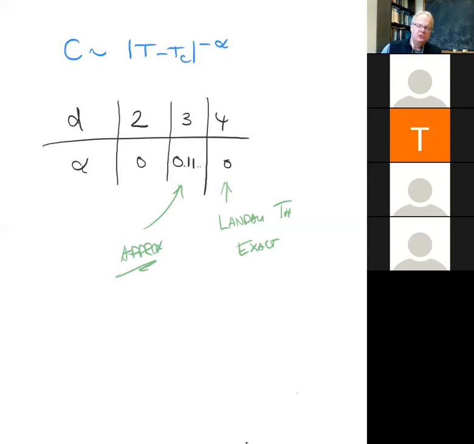Okay, although 0.1 is pretty close to 0. In fact, the fact that it's not 0 is experimentally kind of hard to see. Okay, so this Landau theory, again, in general, not an exact calculation, but it does make non-trivial predictions. And these non-trivial predictions, if you don't know anything at all, are a sort of natural first starting point.